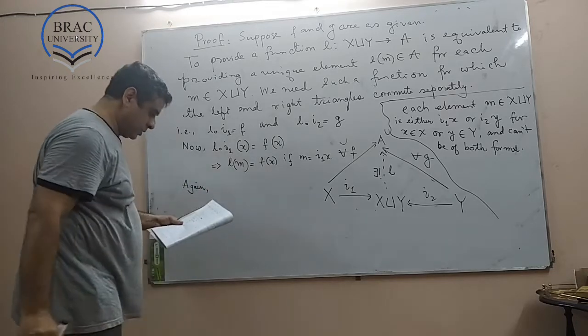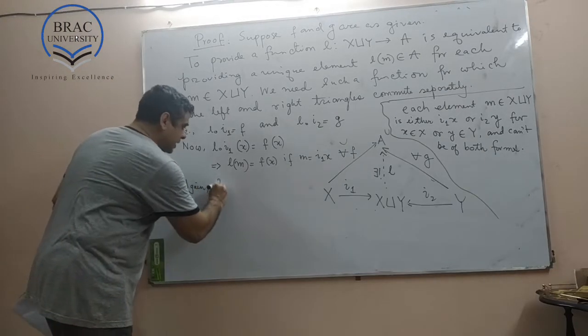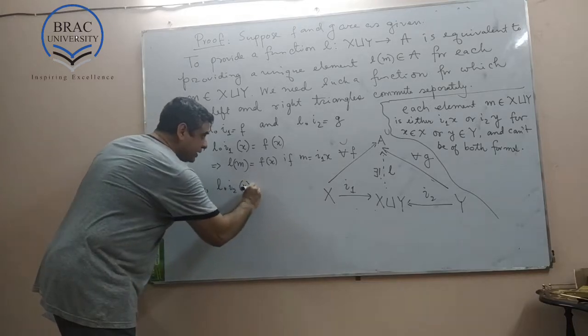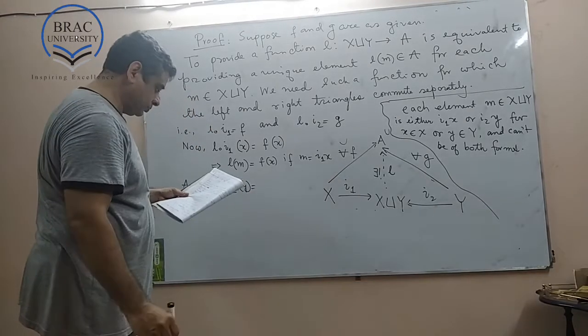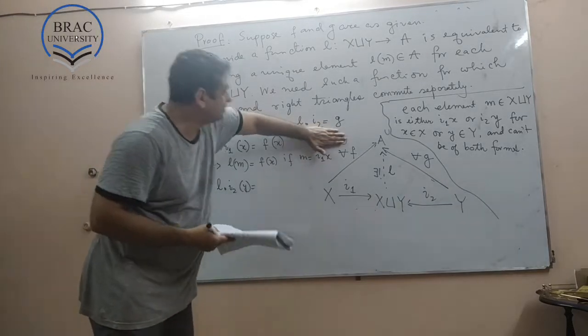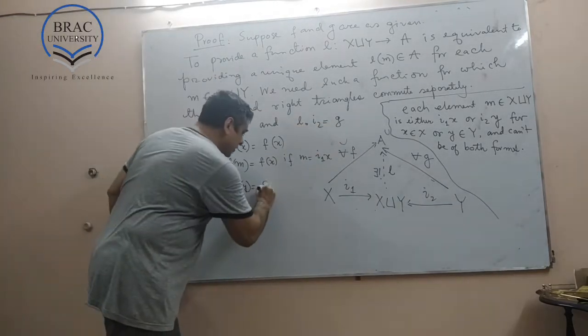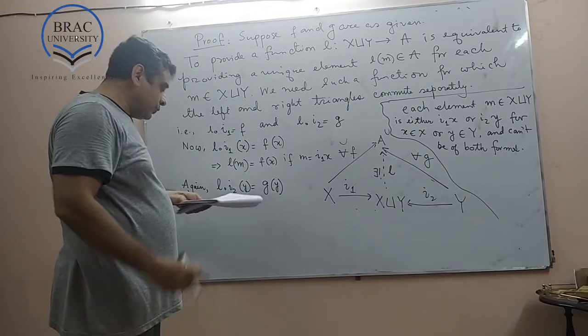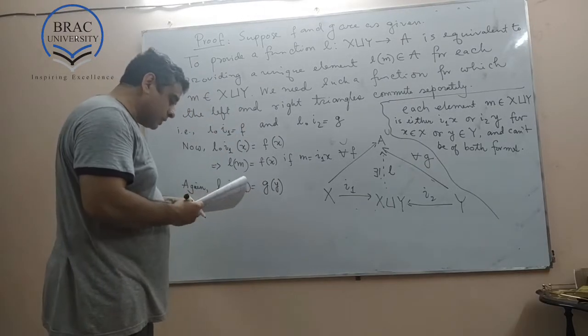Again, L composed with I2 acting on y is equal to g(y). This is what we need for the diagram to commute.